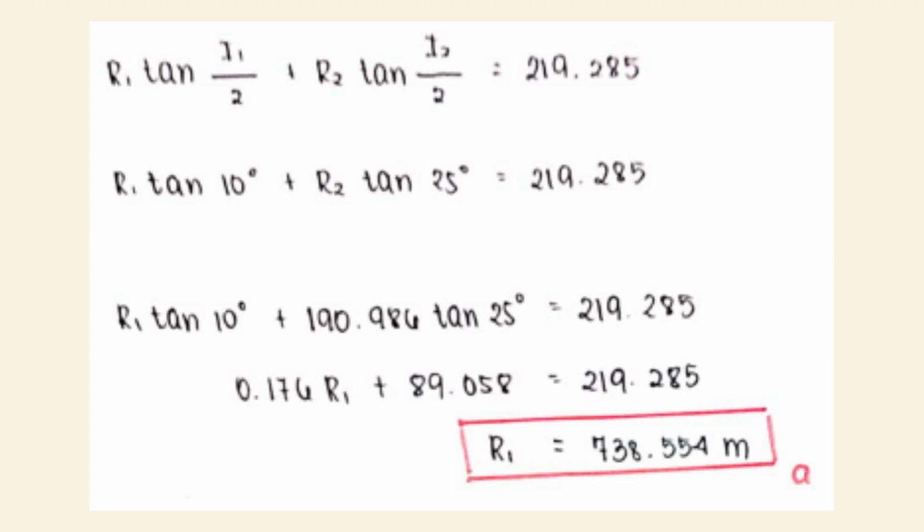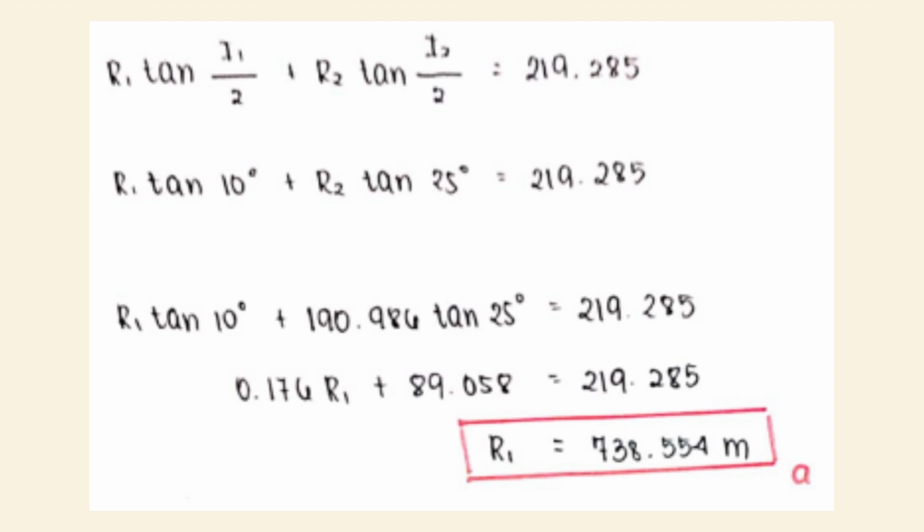So our R sub 2 is equal to 190.986 meters. From the earlier equation, we have T sub 1 plus T sub 2 is equal to AB. But T sub 1 is equal to R1 tangent I1 over 2, and T sub 2 is equal to R2 tangent I2 over 2, while the length of AB is 219.285.